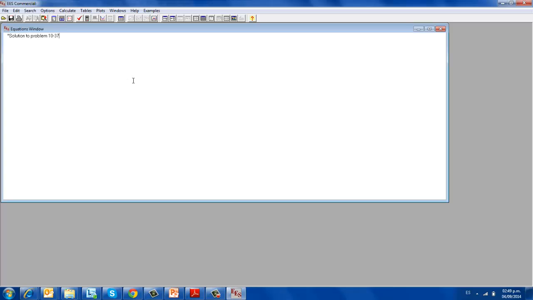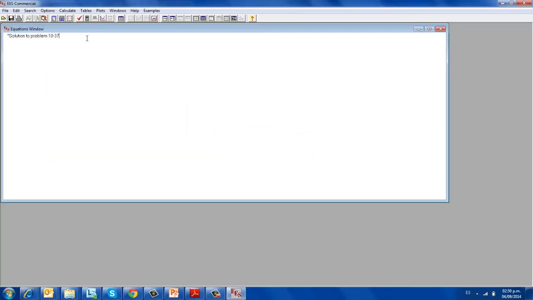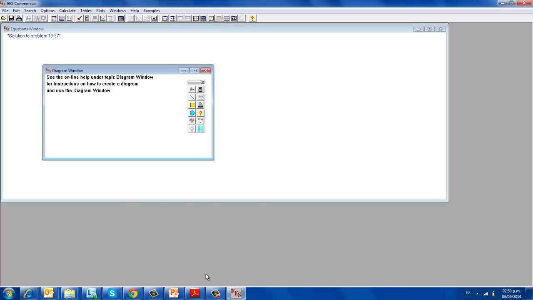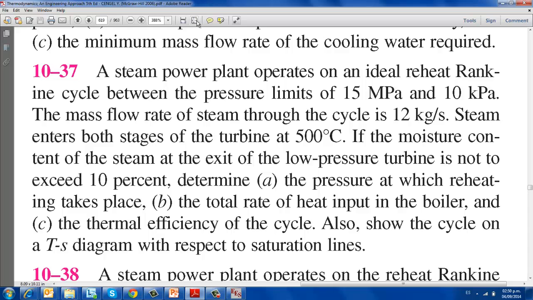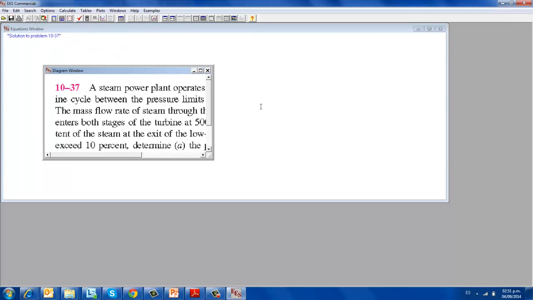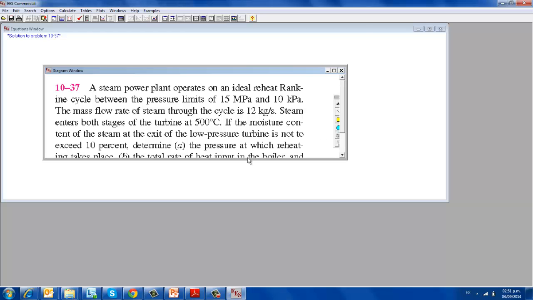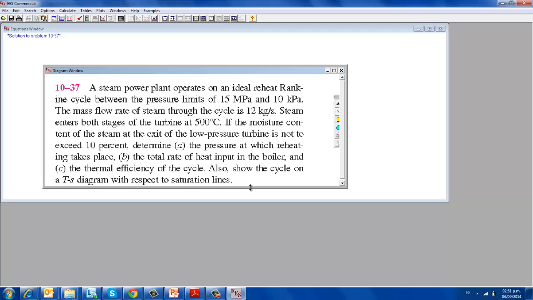One nice thing that we can do is open a diagram window. In this diagram, we can just think that this is a good size, and we can use it just to help us.